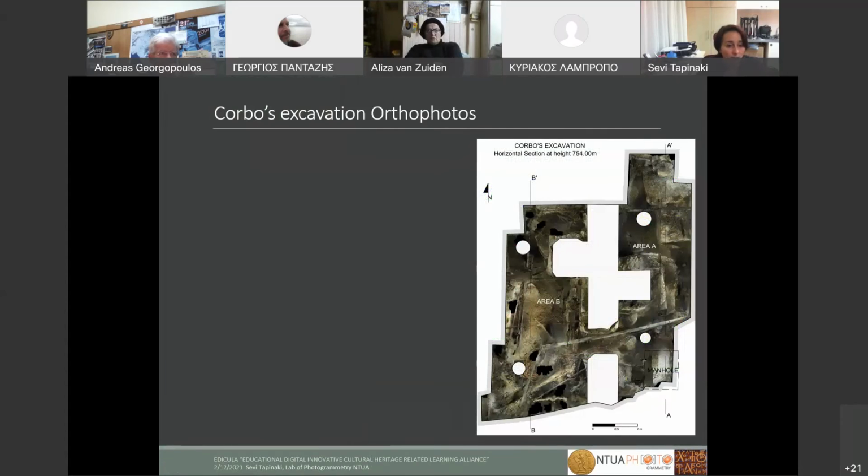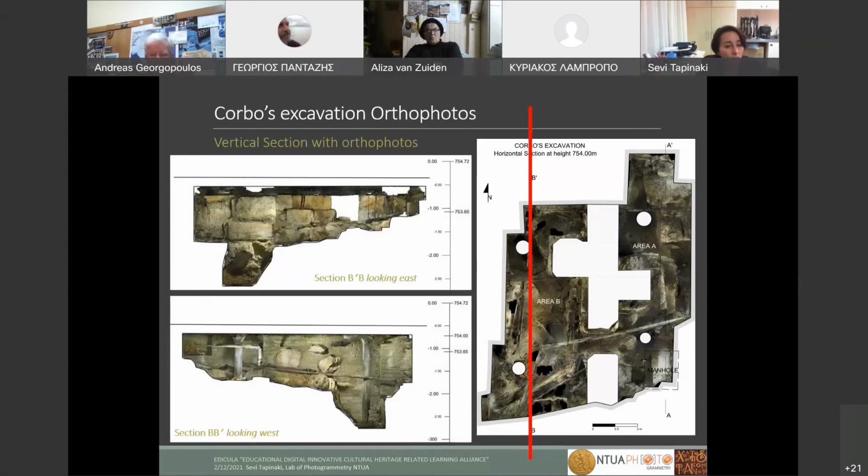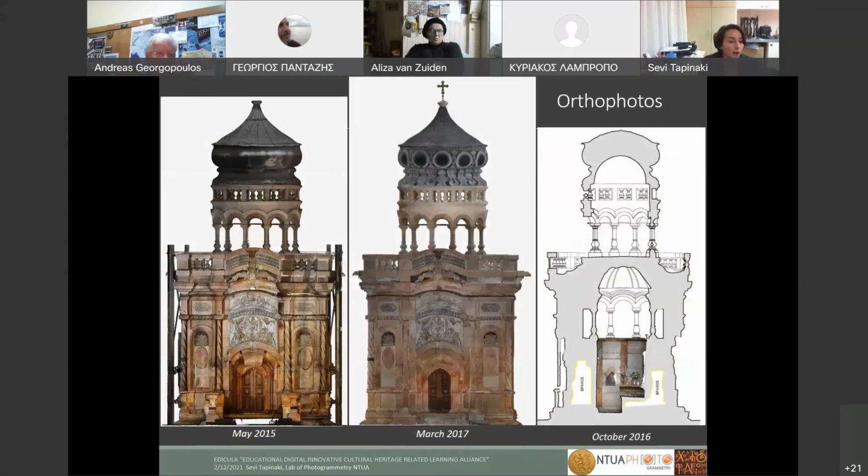This is the horizontal section of the Kouvouklion excavation and a vertical section looking east and west. The orthophotos of them. Orthophotos of the facades.